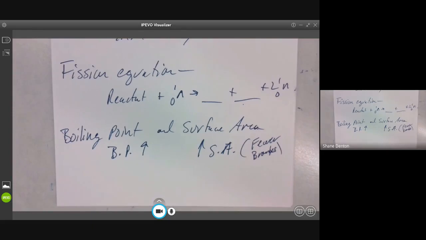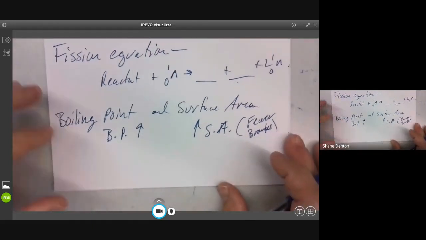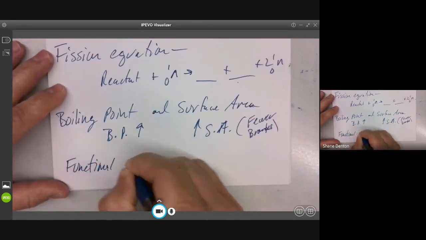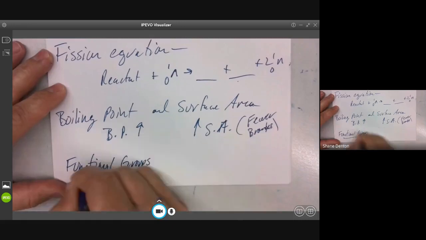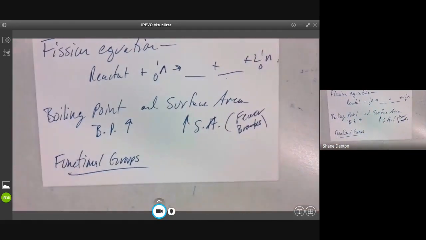Okay. And then the last thing they talk about is functional groups, but I think I mentioned these the other day, didn't I? Didn't I mention functional groups on one of my other note cards? Yeah, let me see here.